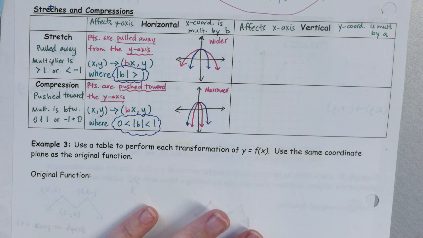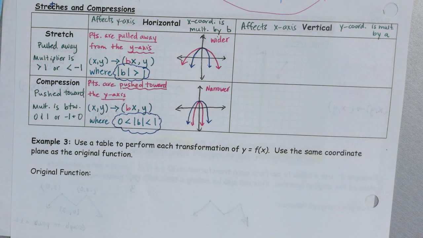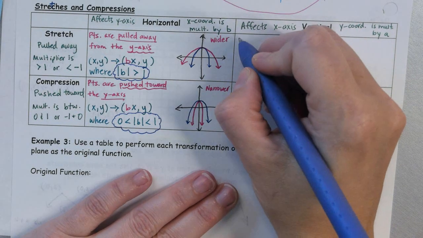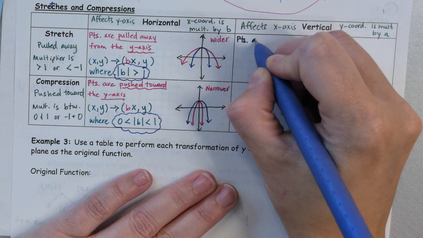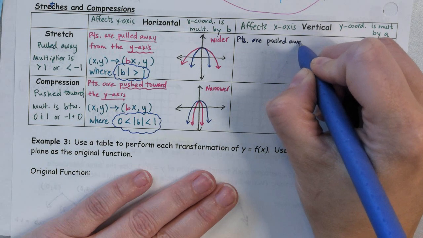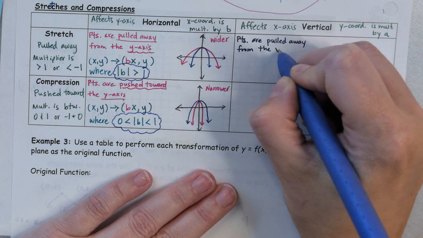And again, those can change from textbook to textbook. It's just our textbook uses a as the value. All right, so for this one, the points are pulled away from the x-axis.